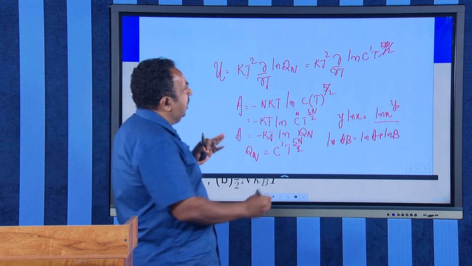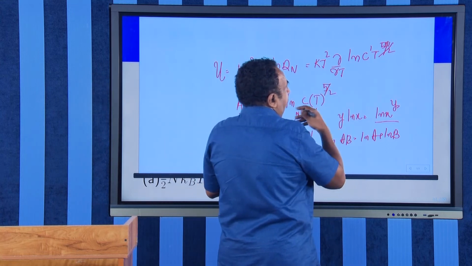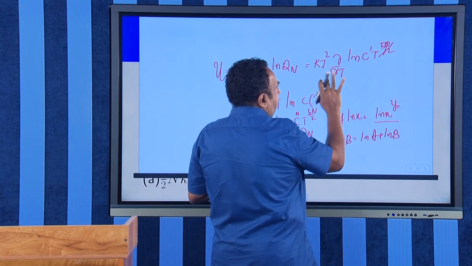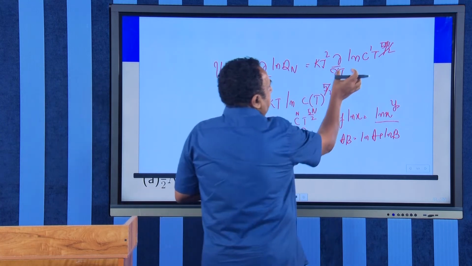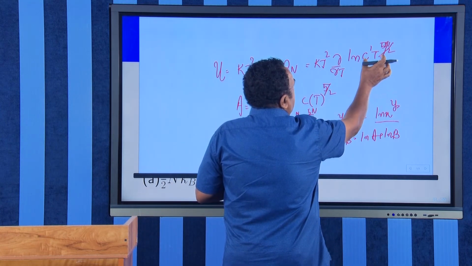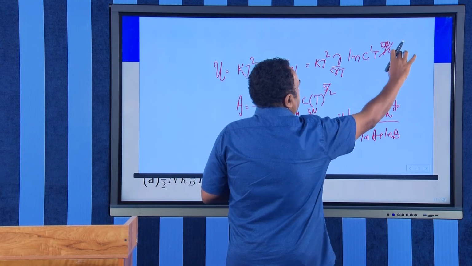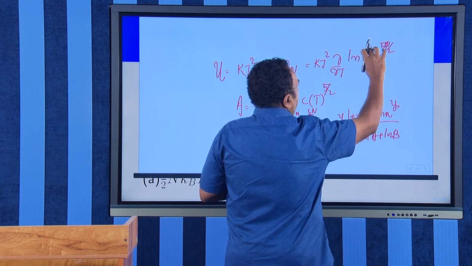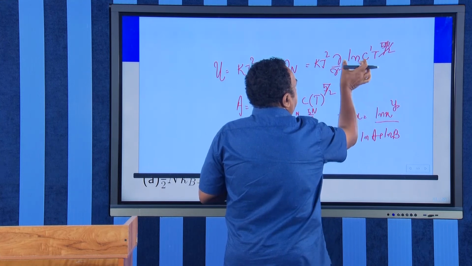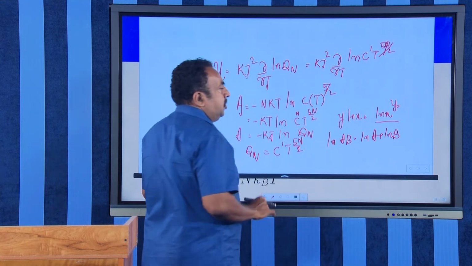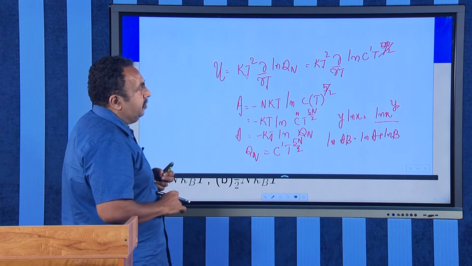Now, when I take the partial derivative, only that function can be differentiated, all other things will be constants. Therefore, I can split this into log C prime plus log T raised to 5n by 2. When I substitute that, automatically the first part, since it is a constant, will disappear. It will not be there.